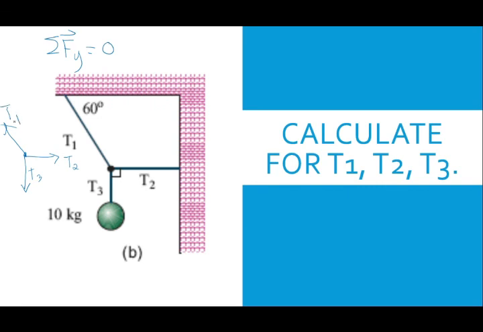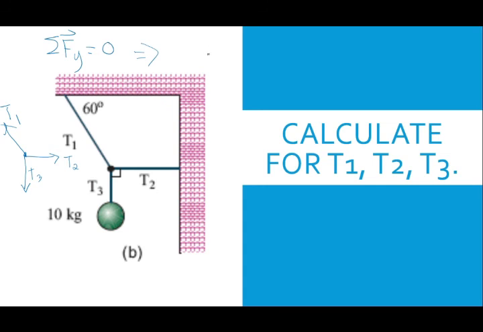Vertical ang hinahanap natin. So, since vertical component tayo, we will not consider already T2, kasi T2 lies directly on the x-axis. So, we will only consider T1 and T3.